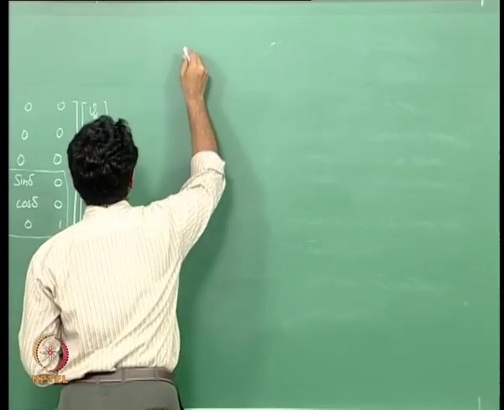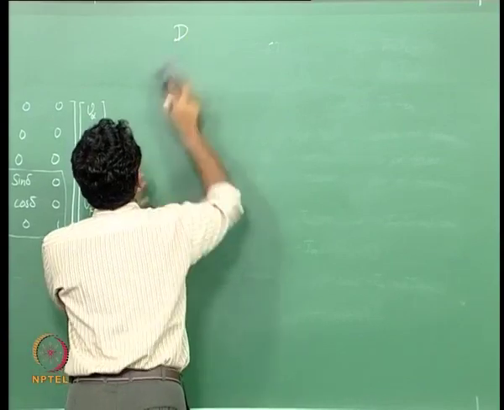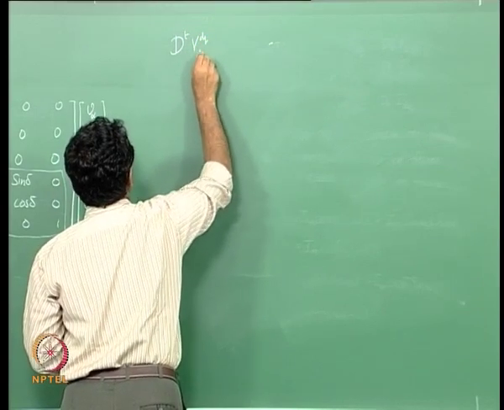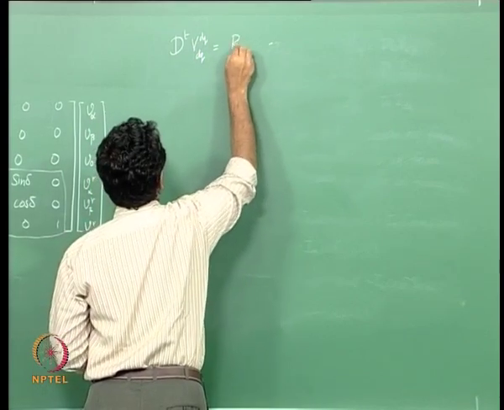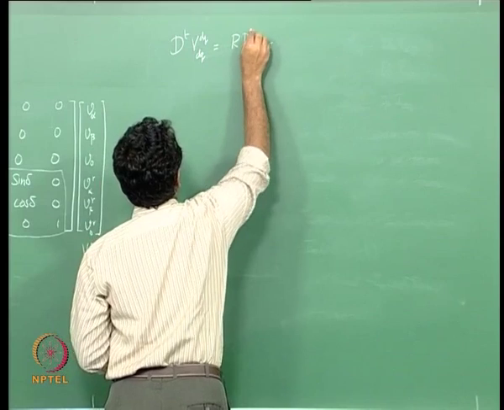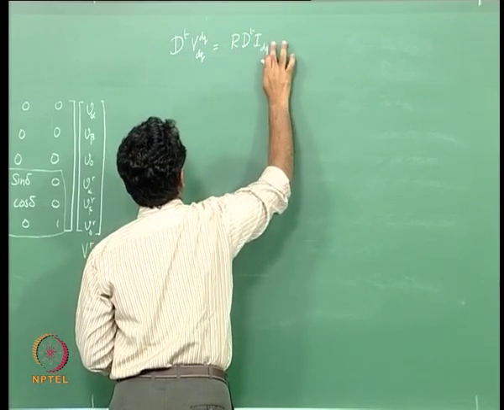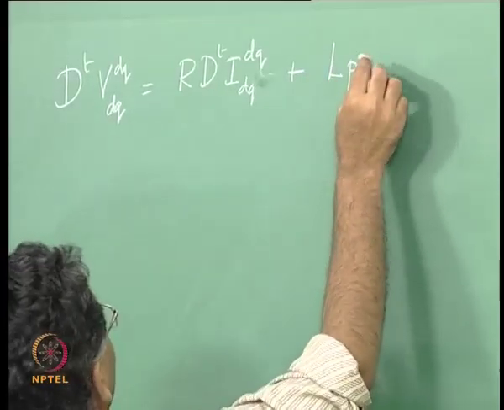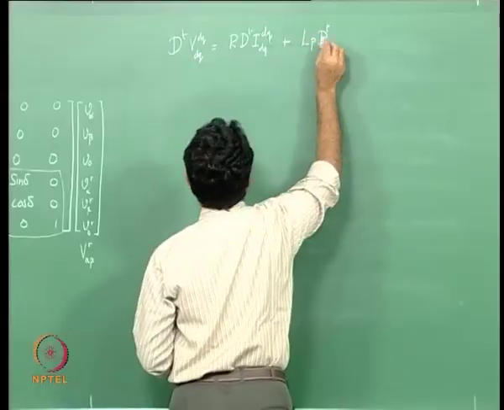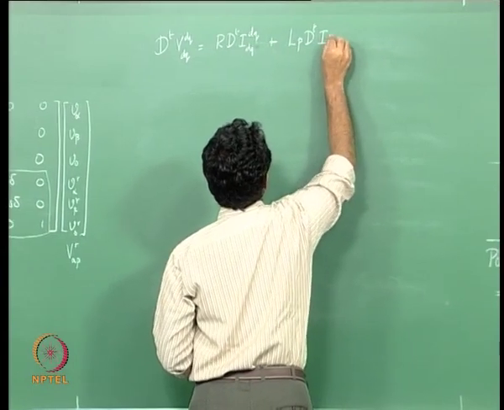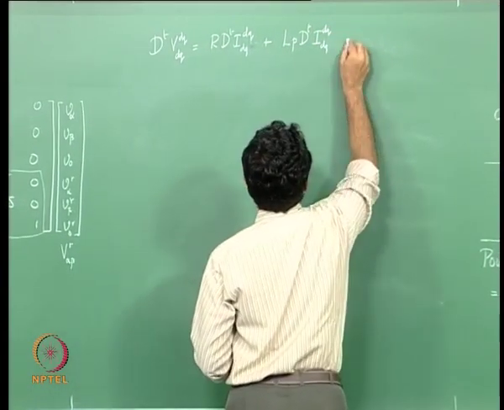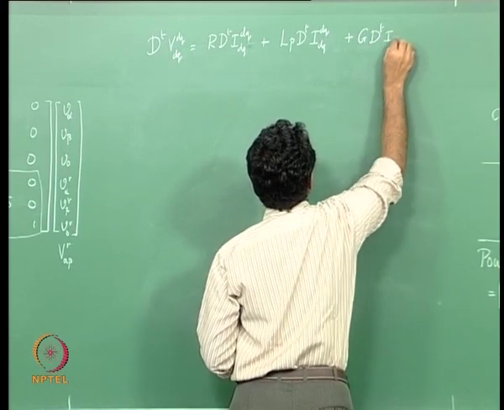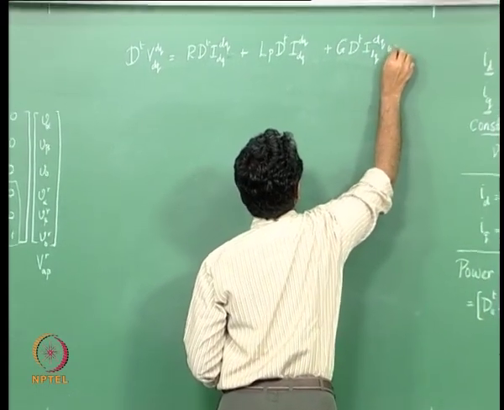So, what we have is we substitute, so D transpose V dq equals R D transpose I dq plus L times P D transpose I dq plus G times D transpose I dq omega r.